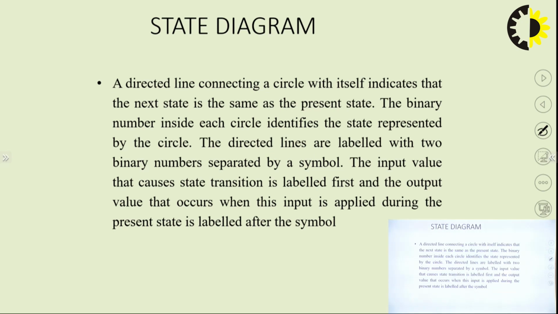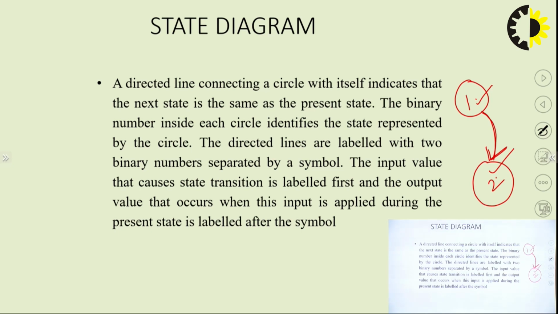Let's say I am representing one state like this and another state like this. So this is one state, this is the second state, and here the transition is from state 1 to state 2. Here I can draw the directed line, and these are the two states which are represented by circles.